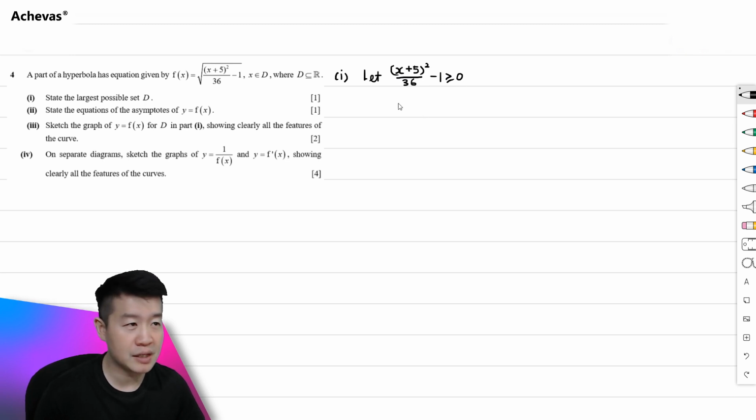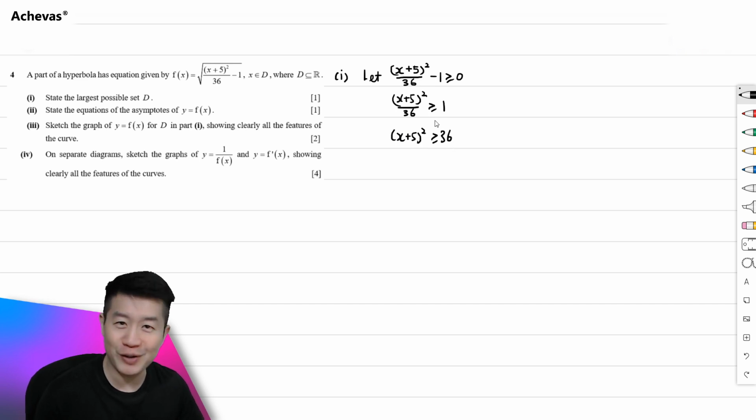So this will be x plus 5 squared over 36, this is bigger or equal to 1. So x plus 5 squared, this is going to be bigger or equal to 36.